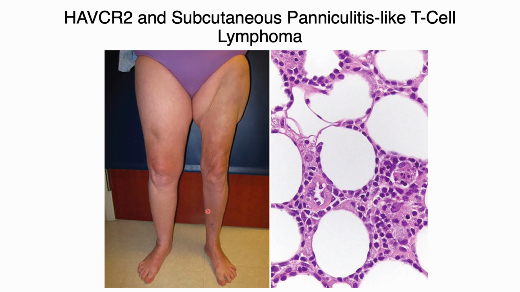It's often associated with lipoatrophy, and you can see this patient's left leg is affected by severe lipoatrophy, but in this indolent lymphoma, it's localized primarily in this leg. The histologic features, which I'm not going to labor too much, are an infiltrate of lymphocytes which love to line up around adipocytes in the subcutaneous fat.